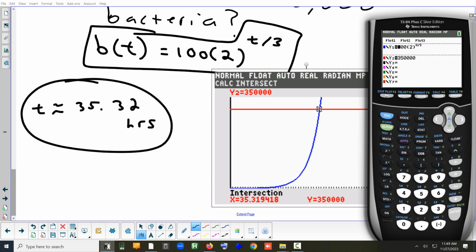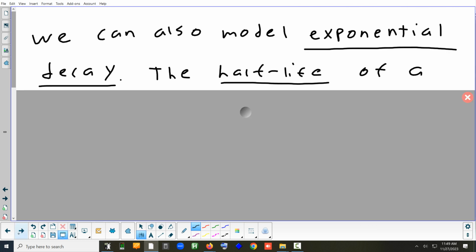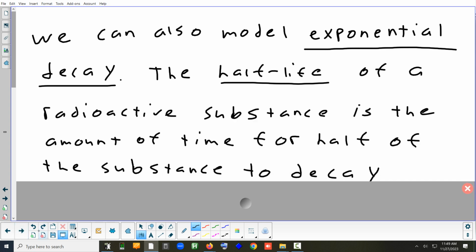Okay, so that's growth. Let's try one where we have decay, and specifically we're going to look at a decay that's called half-life. Half-life is generally used for radioactive material, and it measures the amount of time it takes for half of the radioactive material to decay and no longer be radioactive.